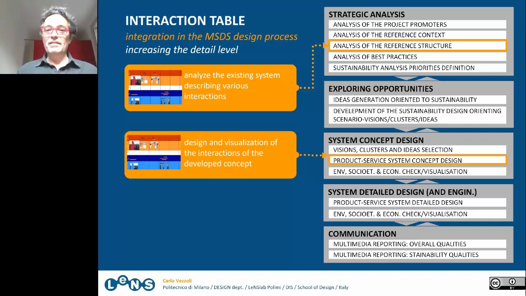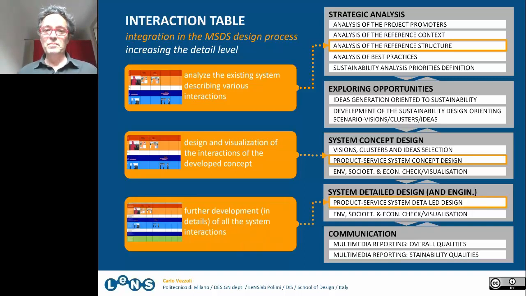We use it definitely in the system concept design when we have to draft or define the action up to a concept level. So what is the role of each actor and what is the interaction between the different actions during the time in relation to the different actors.